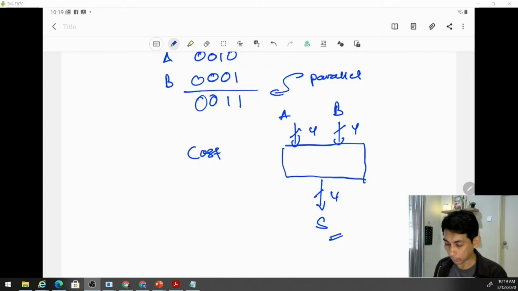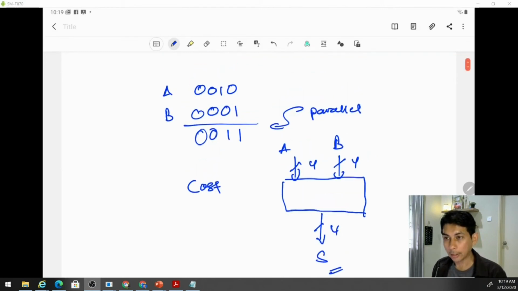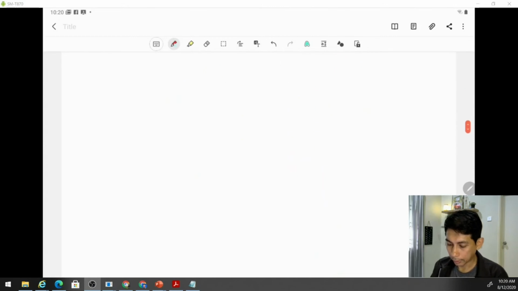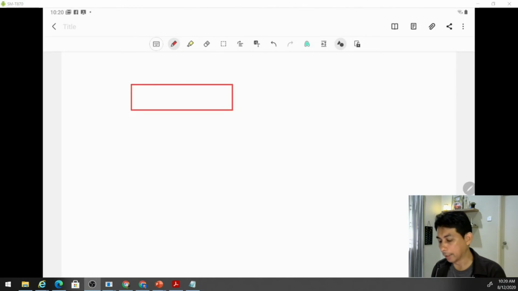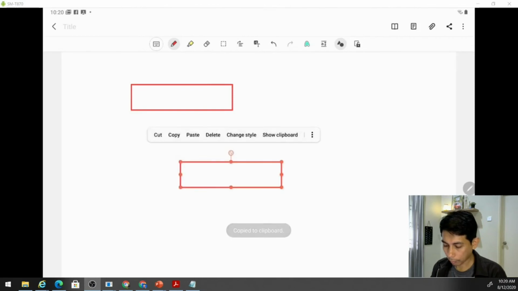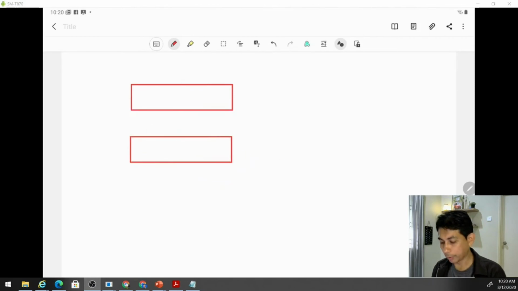So now we can add in serial, meaning we add one by one, bit by bit. 0 plus 1, save the result. We learned already that the data must be in a register. We have two registers.